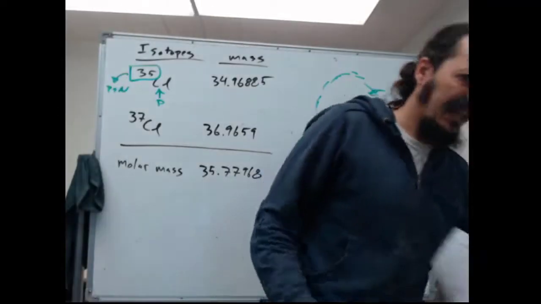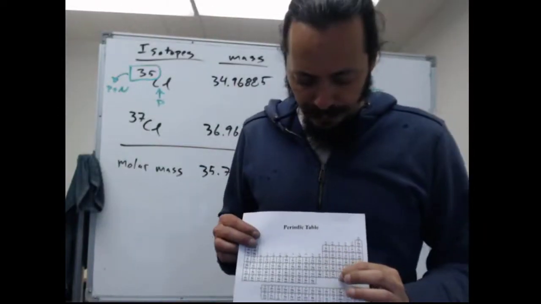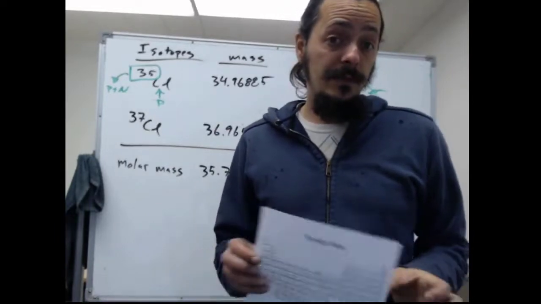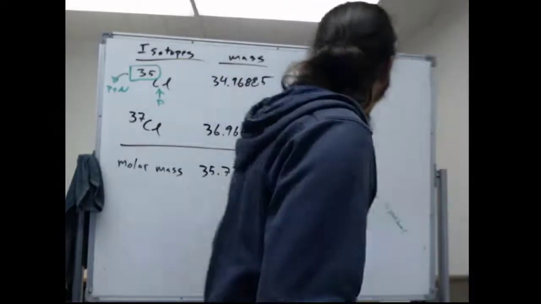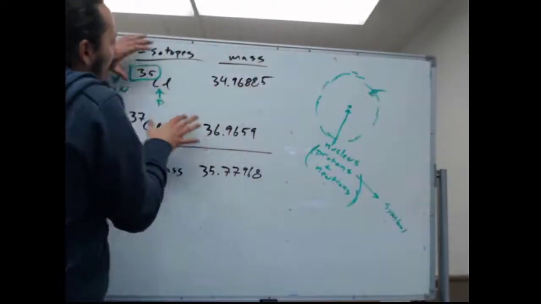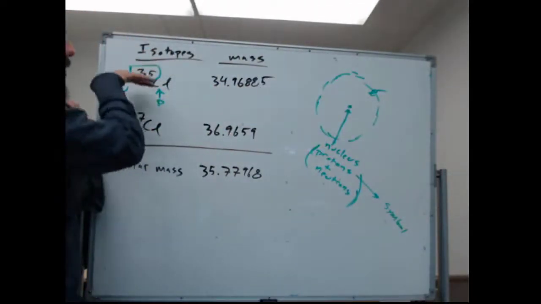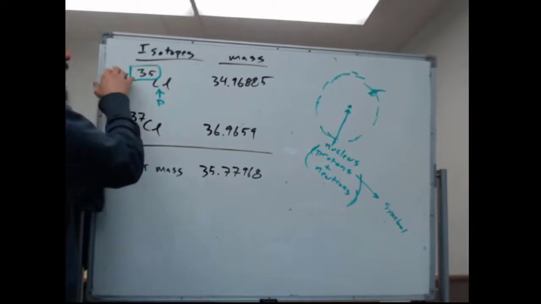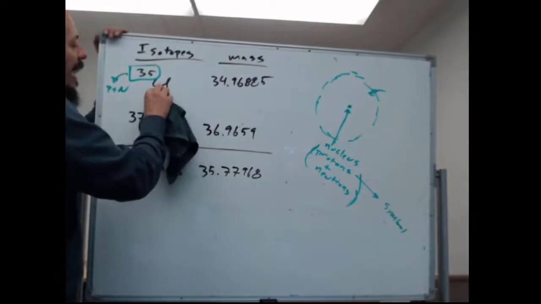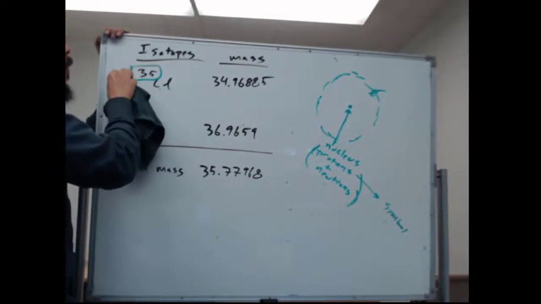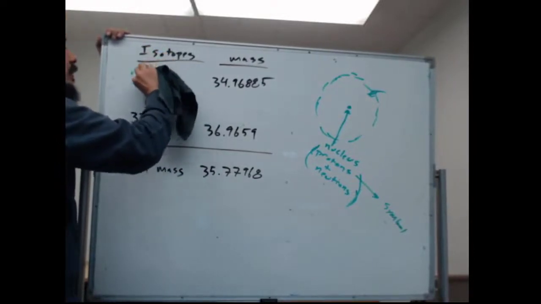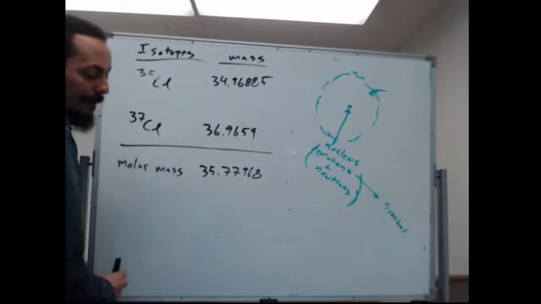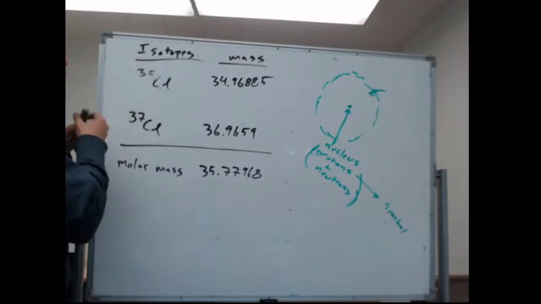On the periodic table, all of those reported masses are weighted averages. It's not evenly split. It's not like it's half chlorine-35 and half chlorine-37. There's some natural abundance to how much each of these occurs.